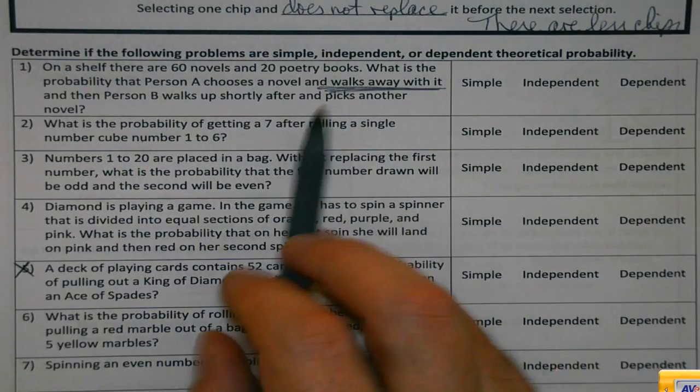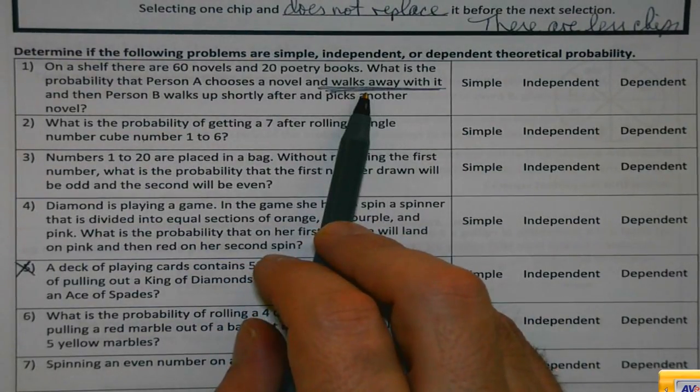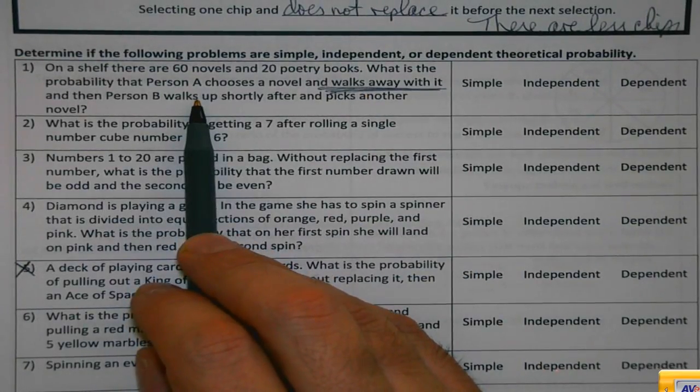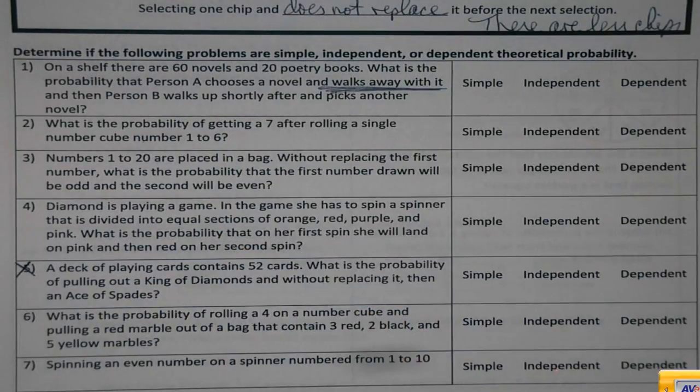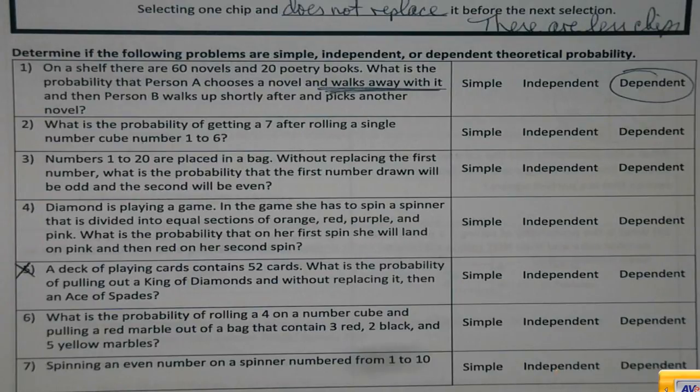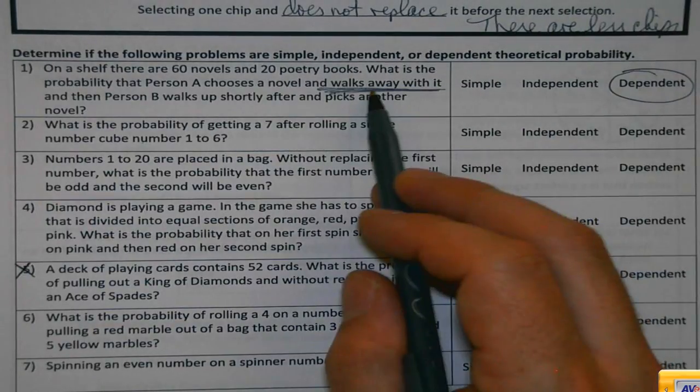If the first person walked away with theirs, is that going to affect which novel the next person can get? Yeah, if there's 60 books on a shelf and I pick one off and take off, that next person doesn't have a chance to pick that same book. So my probability just changed depending on what they did.